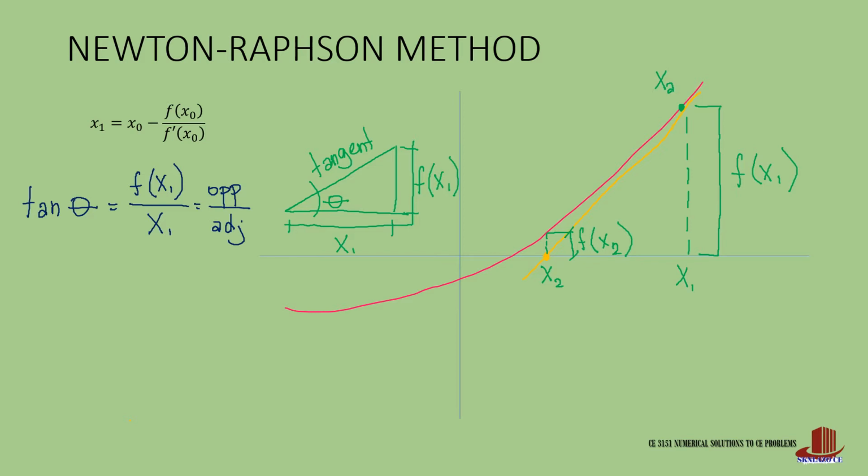Also note that in calculus, when we would take tangent of theta, which is known as the slope, we can have this taken as the derivative, which is denoted by f prime. Thus, in the formula, the slope is taken as f prime of x.